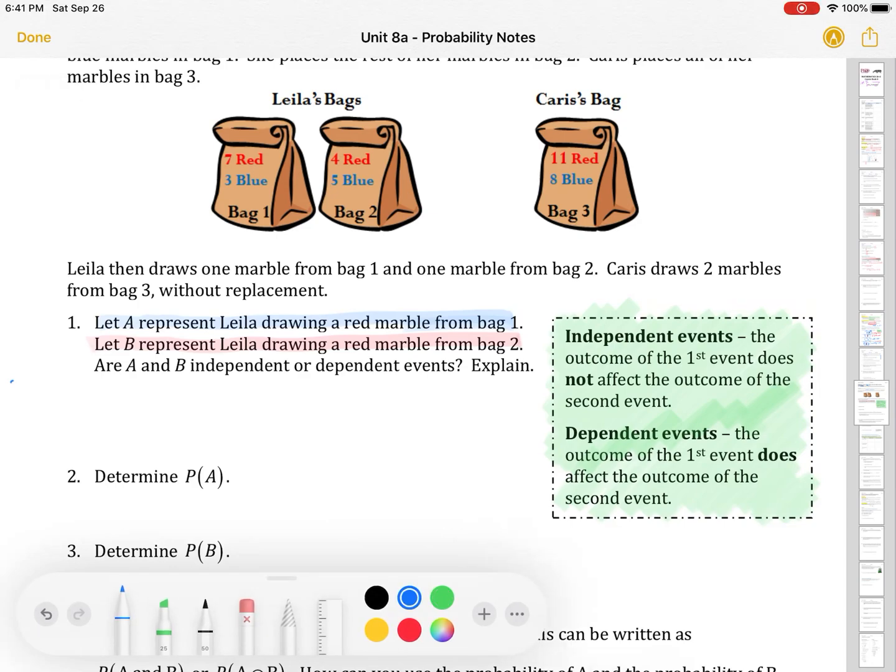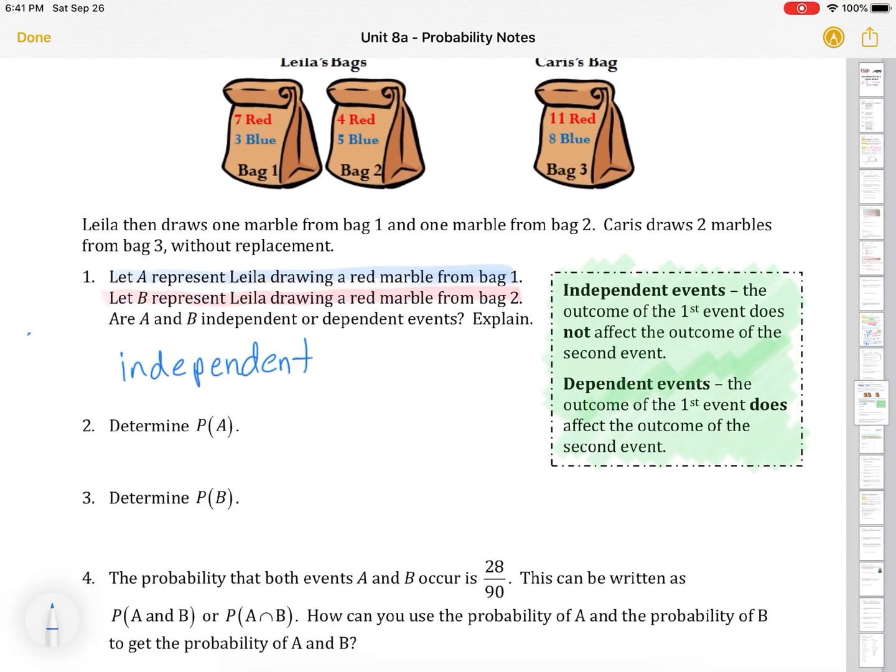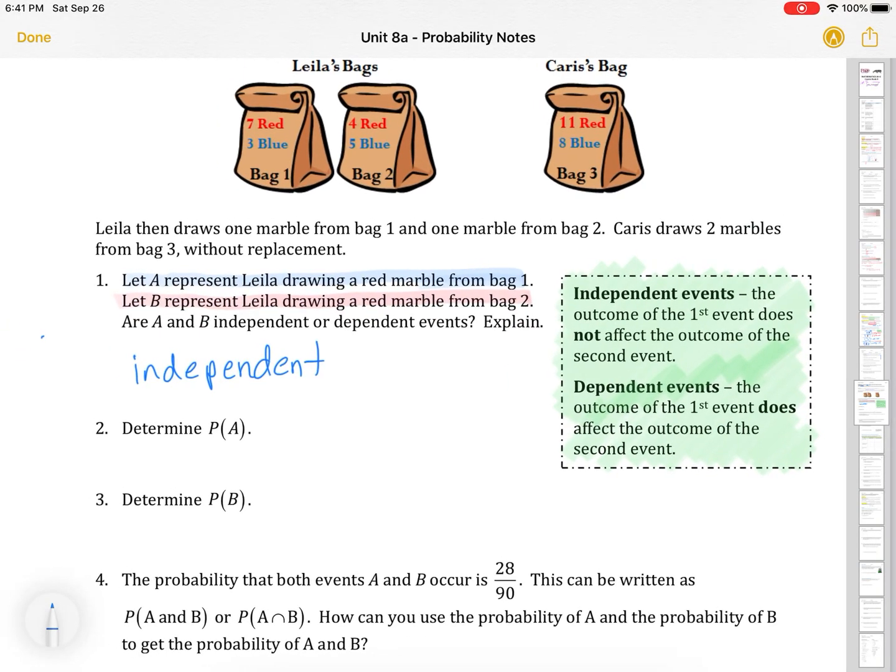Dependent events: the outcome of the first event does affect the outcome of the second event. And when we say the outcome, we're talking about the probability. Because Layla has her marbles in 2 separate bags, drawing 1 out of one bag and 1 out of the second bag, we would say these are independent. They're not going to impact each other.